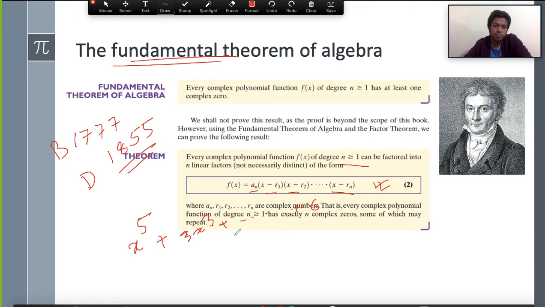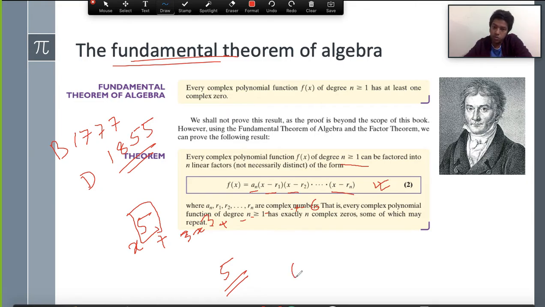The power is 5, so there will be 5 zeros. Not all of them are real, and not all of them are distinct. That means there can be repeating ones also. What does it mean? Suppose you get 5 answers. This is what he is telling.